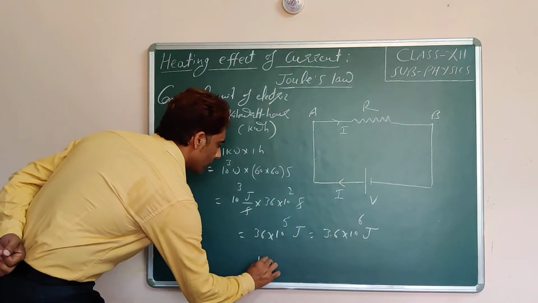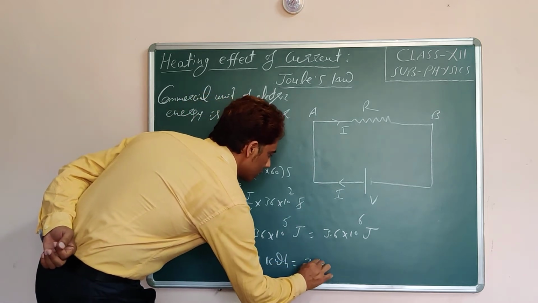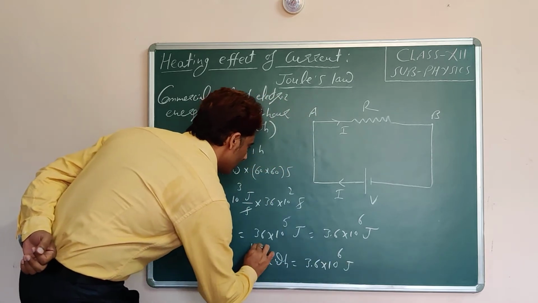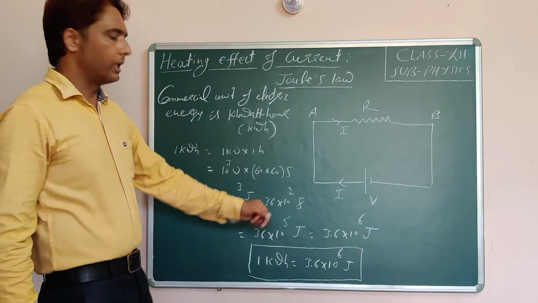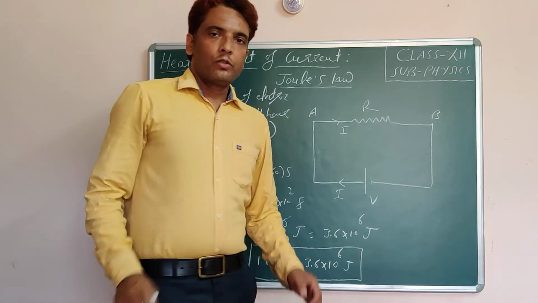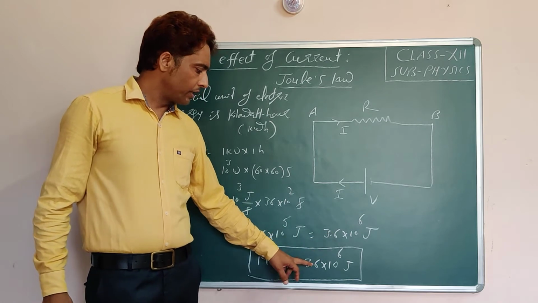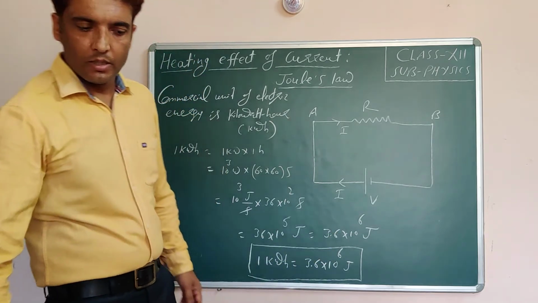Means 1 kilowatt hour is equal to 3.6 into 10 raised power 6 joule. This is the relation between the commercial unit of electric energy and the SI unit. If you want to convert kilowatt hour into joule, you have to multiply with 3.6 into 10 power 6.